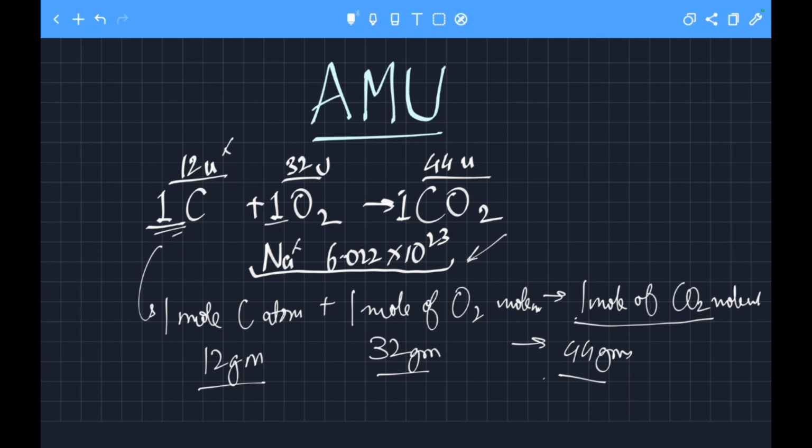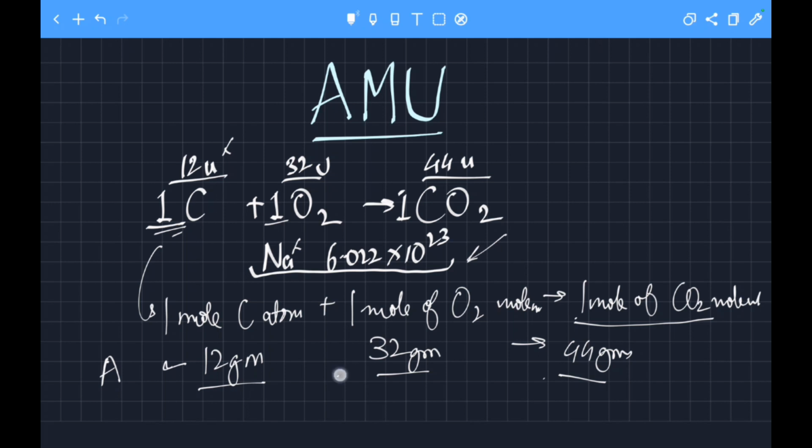12 grams is very easy to visualize. 32 grams of oxygen is very easy to understand, how much 32 grams of oxygen is. It's very hard to say 6.022 into 10 raised to 23 molecules of oxygen. It is far easier to say 1 mole of oxygen, and it is easy to understand that it means 32 grams of oxygen and gives 1 mole of carbon dioxide, which is 44 grams. 12 grams of carbon directly tells you the mass number, which is A, of the original carbon atom.